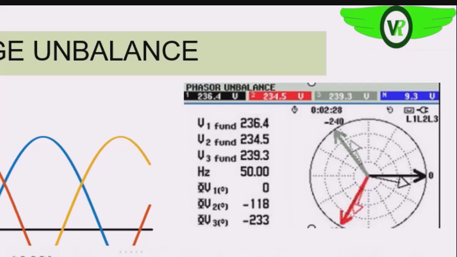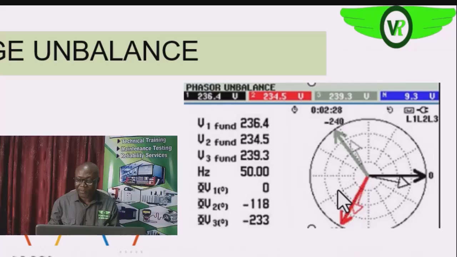If you also look to the right, you will see the phasor diagram, and you see the phase angle. You see that they are not entirely in phase, and this is what is shown on the left. The first one is 0, but the second one is not 120, because we are having 118, and this third one is not 240, we are having 233.